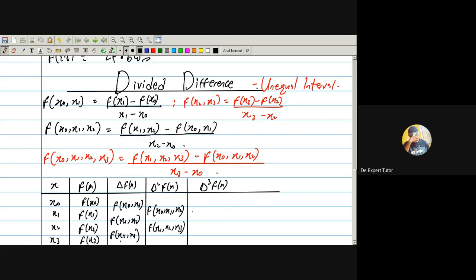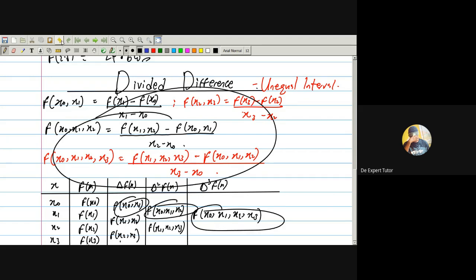Then f of x0, x1, x2, x3. To find all this, that's the benefit of the formulas that have been given to you here.